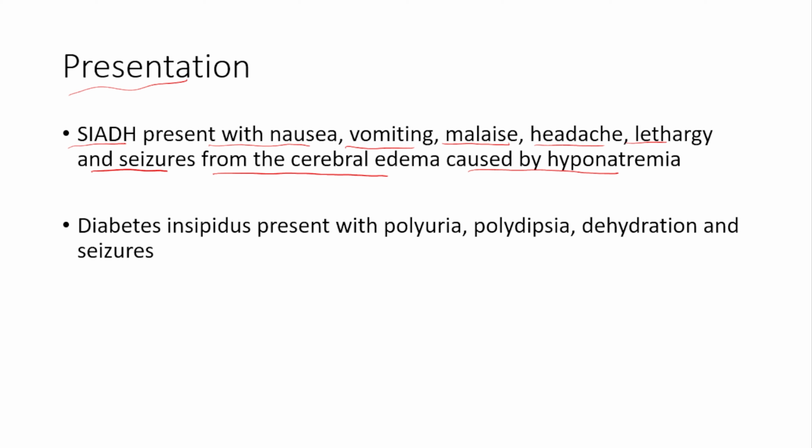Because when there is more water in the circulation, this would lead to dilutional hyponatremia, and this would make water move from the circulation into the brain, leading to cerebral edema and leading to nausea, vomiting, malaise, etc. Diabetes insipidus presents with polyuria, polydipsia, dehydration, and seizures. And all of those are caused by lack of ADH, making less water absorbed by the collecting duct and increasing the water in the urine, leading to polyuria and leading to polydipsia.